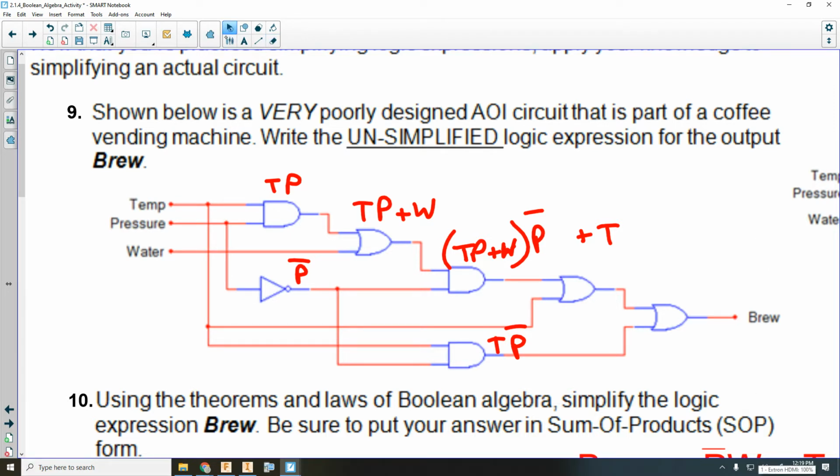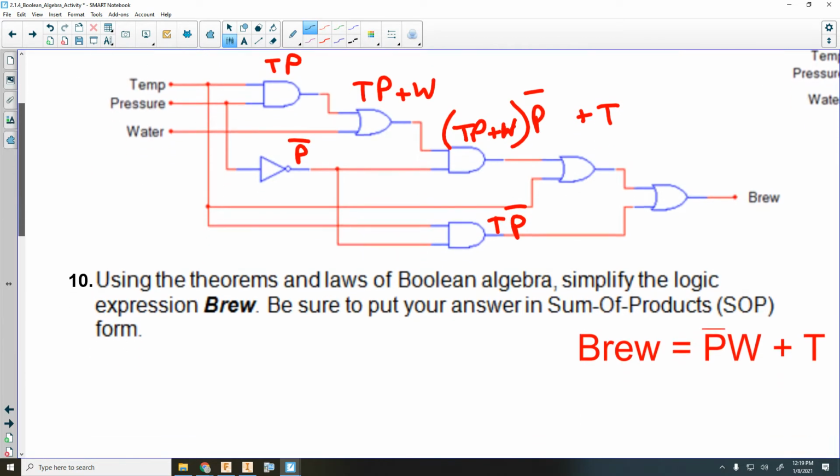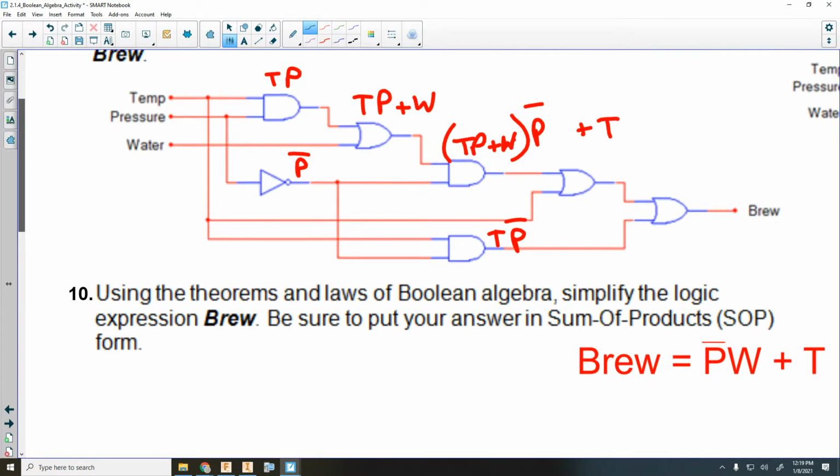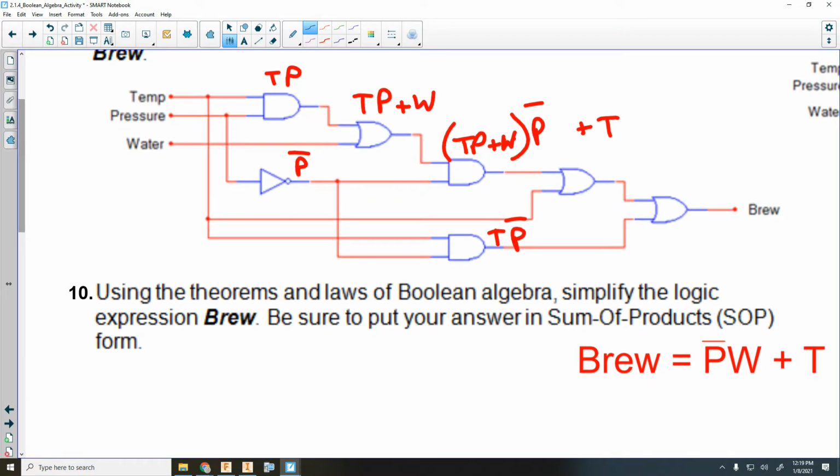Okay, let's get a smaller marker. So my final brew equation. Now that's what it should be.